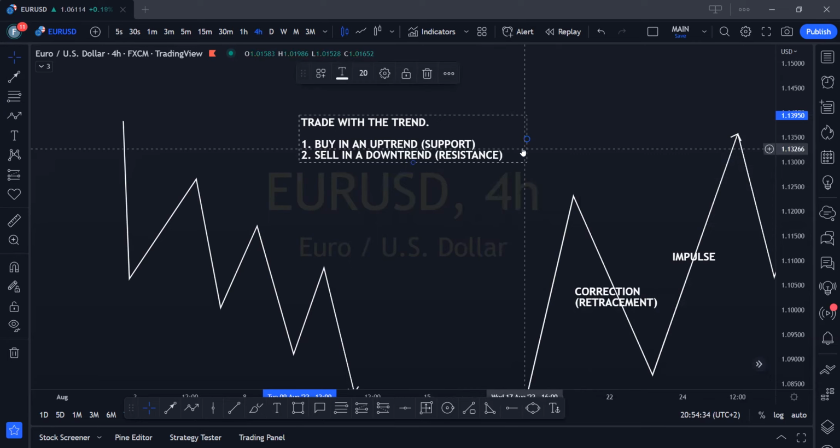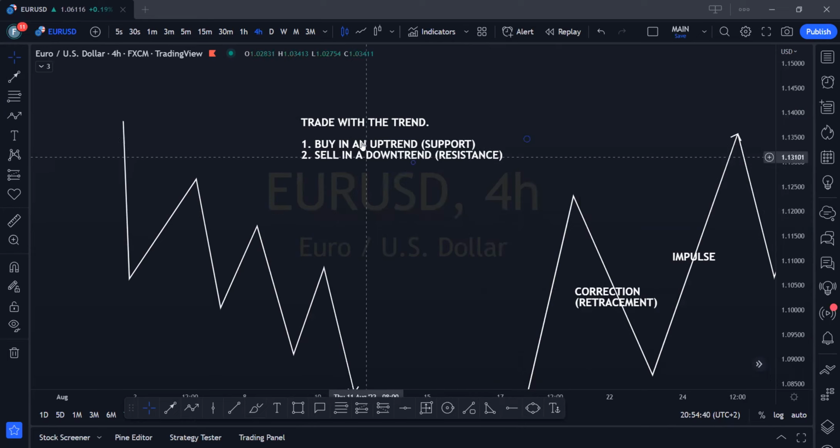You want to trade with the trend, and when you spot an uptrend, you want to look for buy opportunities in an uptrend, and then in a downtrend, you want to look for sell opportunities in a downtrend. So you are trading with the trend. Very, very important. You are trading with the trend.